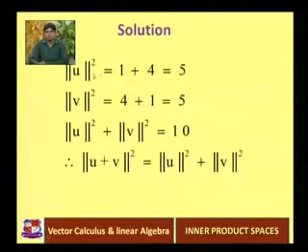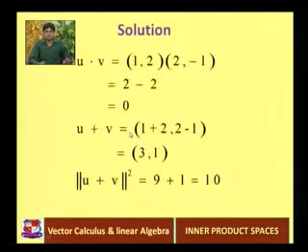So the norm of u squared is 5, and similarly we can find the norm of v squared: the square of 2 is 4, plus the square of the second element, minus 1, is 1, so the value is 5. So the sum of the norm of u squared plus the norm of v squared is 5 plus 5, that is 10.